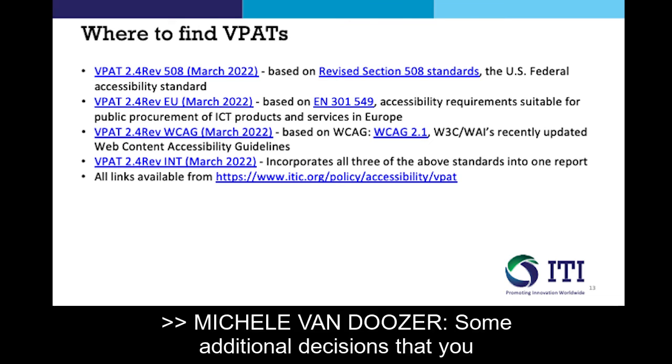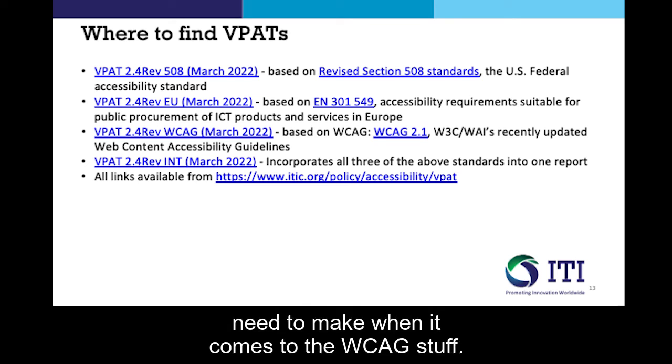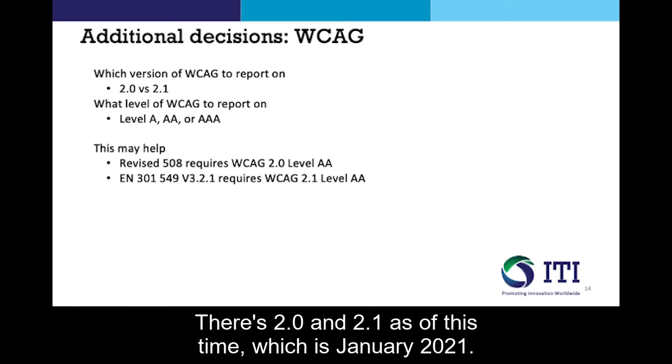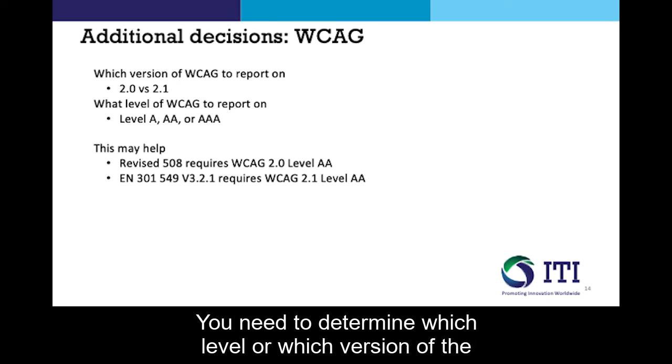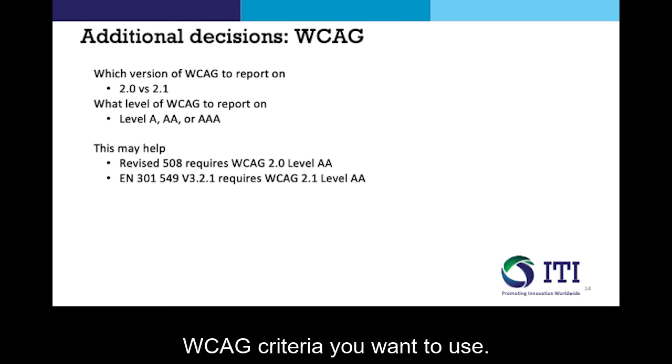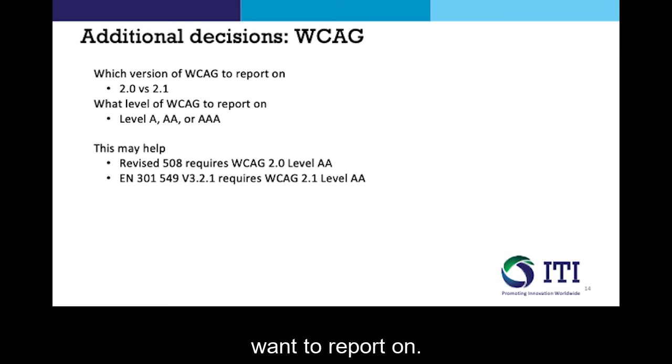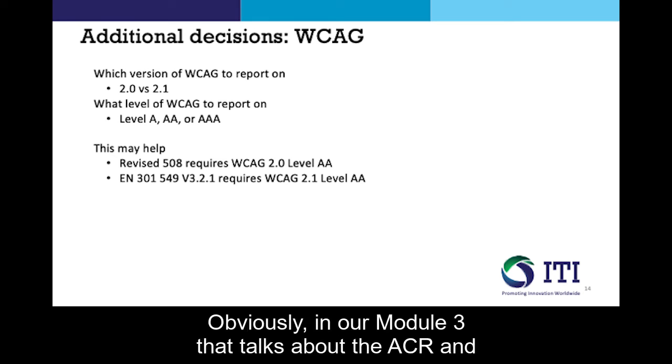Some additional decisions that you need to make when it comes to the WCAG. There's two versions of WCAG, 2.0 and 2.1 as of this time, which is January 2021. You need to determine which version of the WCAG criteria you want to use. And then there's also the level that you want to report on: level A, AA, or AAA.